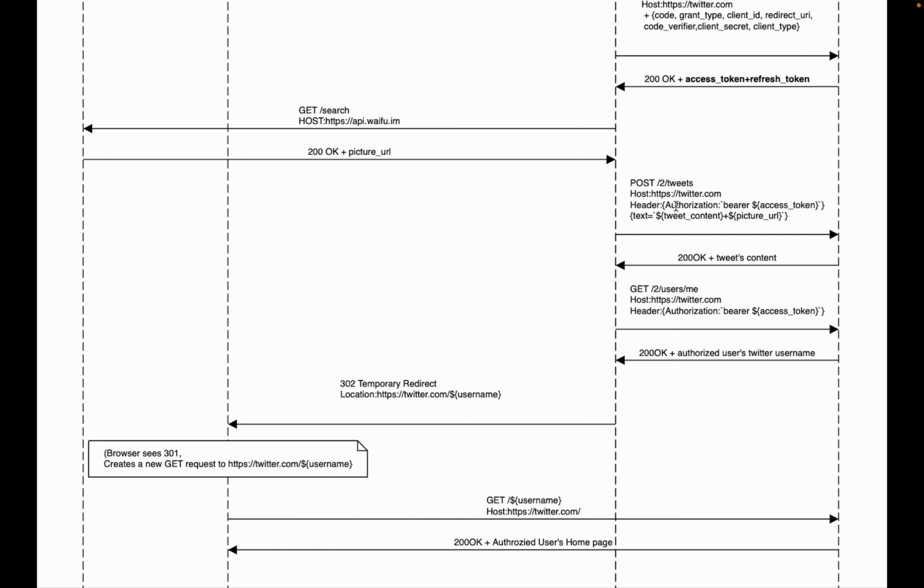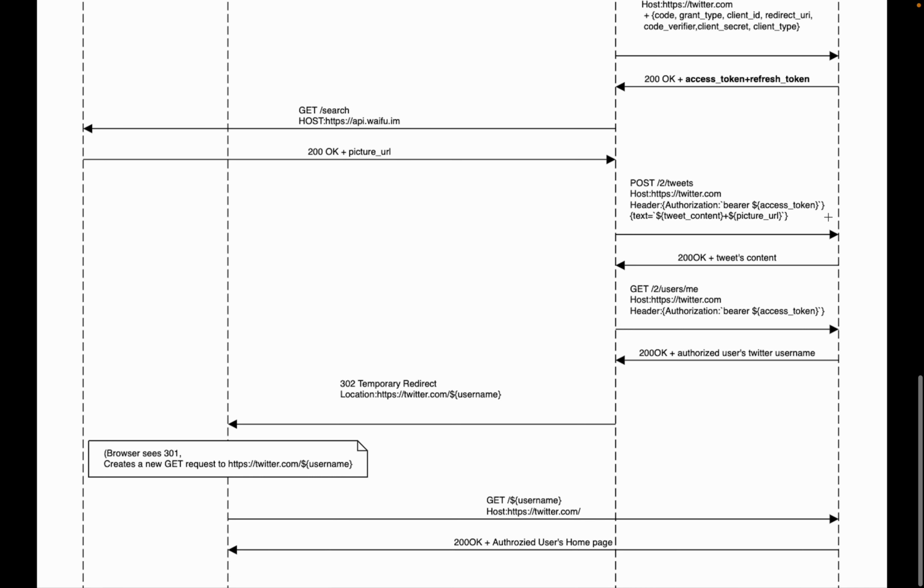The authorization is the access token, the bearer access token. We include it in the header, and the post data will be the text, which is the tweet content we got from the form that the user filled out, and the picture URL which we got from the second API.